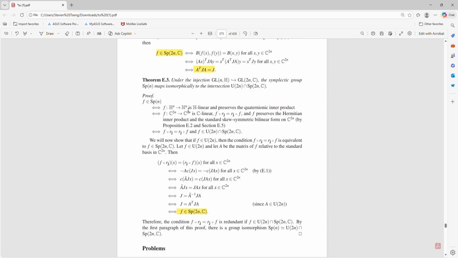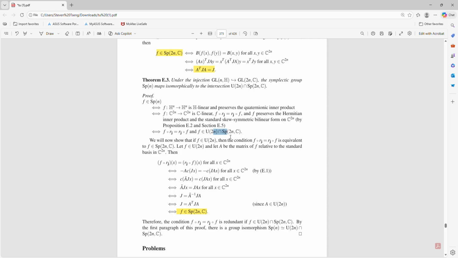So it preserves the Hermitian inner product and the standard skew-symmetric bilinear form on C^2n. So it belongs to U(2n) because it preserves the Hermitian inner product.